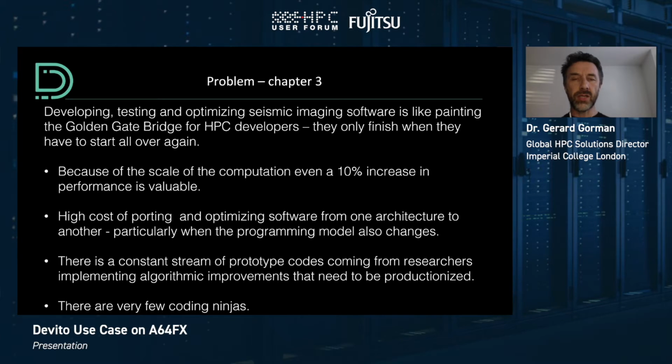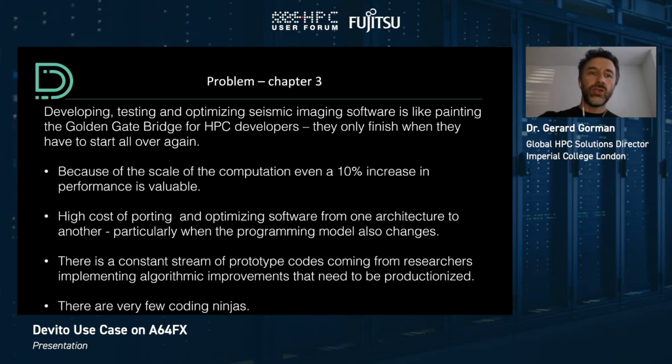Because the computation is so huge, these are very expensive calculations to run on a supercomputer or cloud. So even a 10% increase in performance is really valuable just in simple dollars.